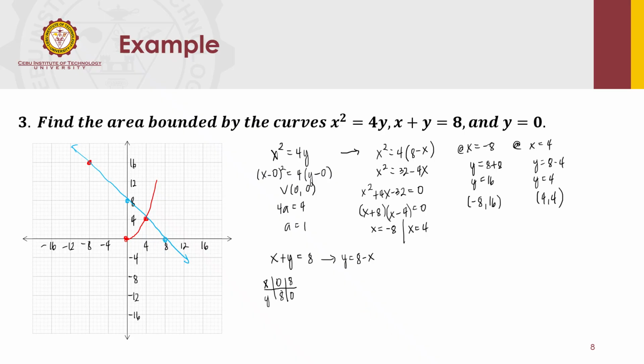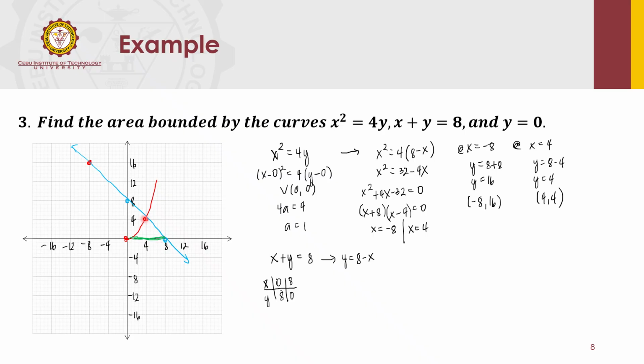Meaning the area that we are looking for is this sort of triangular part here. So there's no need actually to extend the parabola to intersect it with the line over here since we're after this region. So just focus on this part.